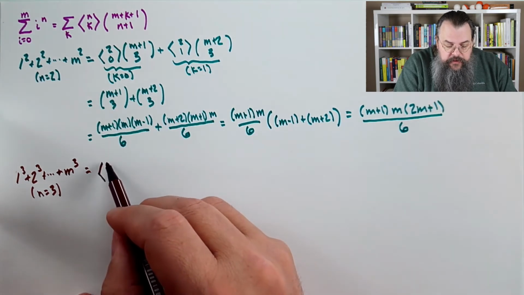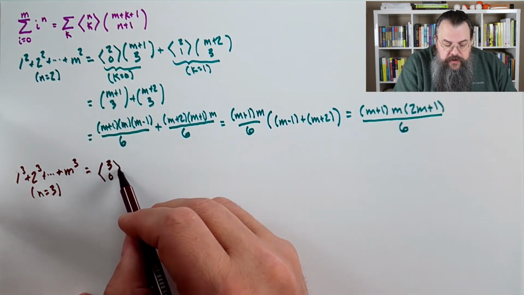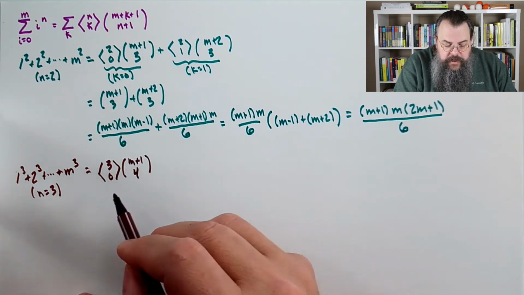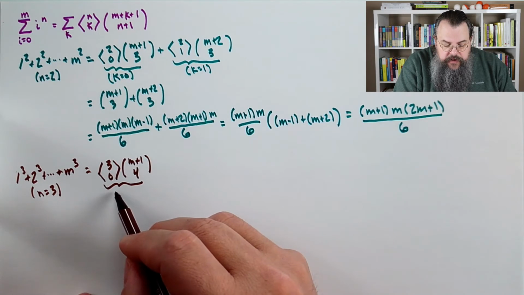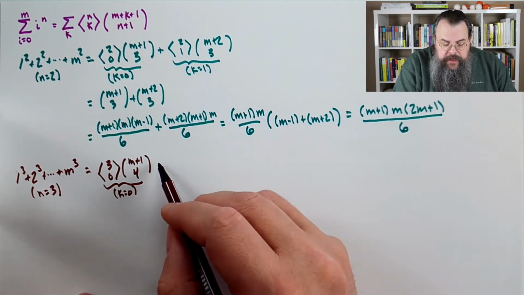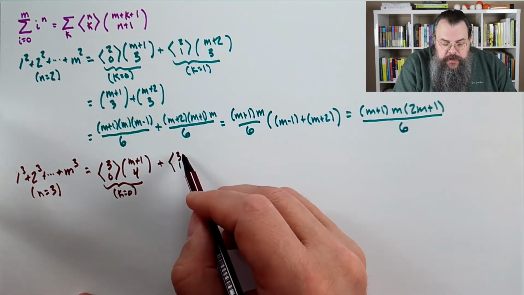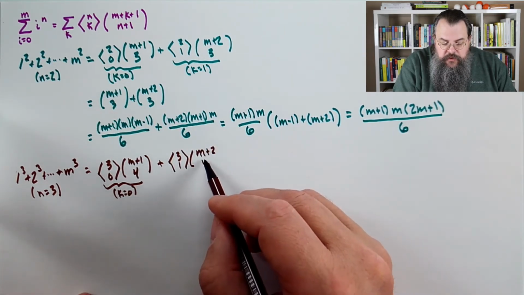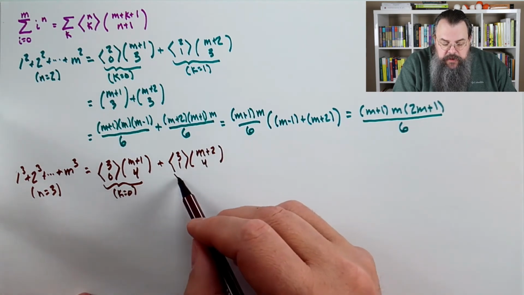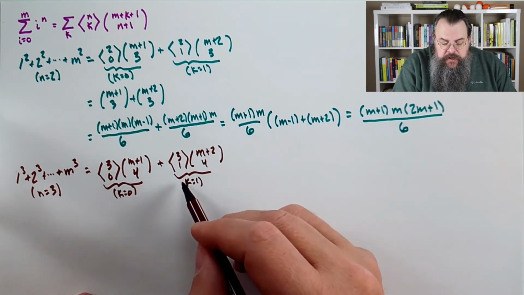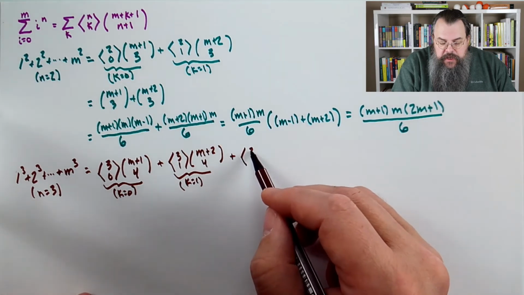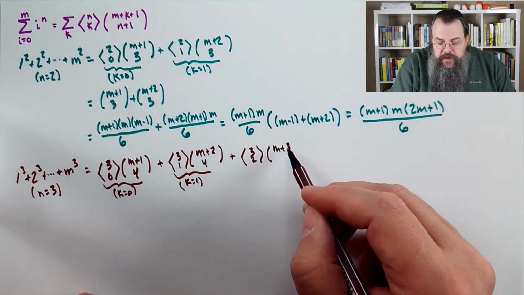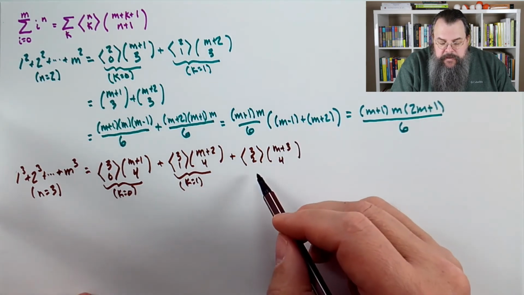We're going to have 3, 0, and then m plus 1 choose 4. This is our k equals 0. Then we're going to have a 3, 1, and it's going to be m plus 2 choose 4. And this would be if k equals 1. And then we're going to have a 3, 2, and then m plus 3 choose 4. And this is if k equals 2.